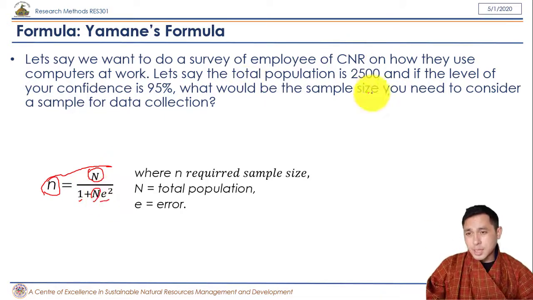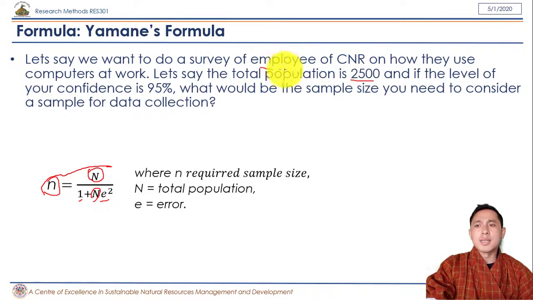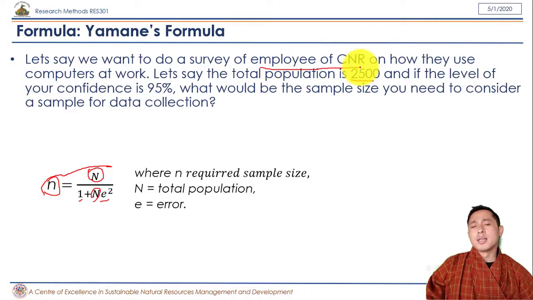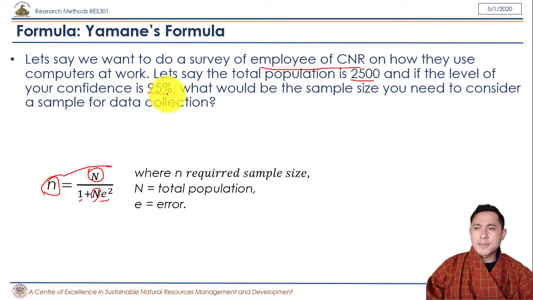Let us say we want to do research on how CNR staff and students are using computers at work. If in total students and staff sum up to 2500, then at a 95% confidence interval, what is the sample size that you need?